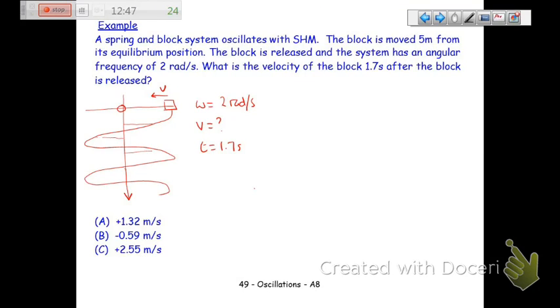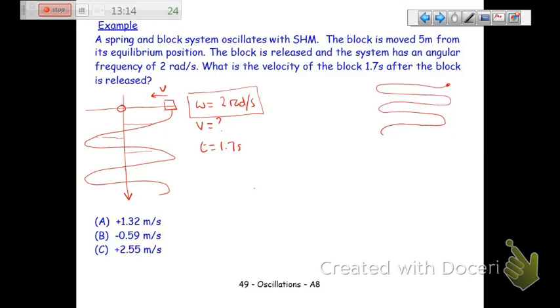This language, angular frequency of 2 radians per second, I'm used to having frequency in cycles per second or hertz. So this angular frequency is a little bit disconcerting. And what you've got to recognize is that an oscillation is like this.